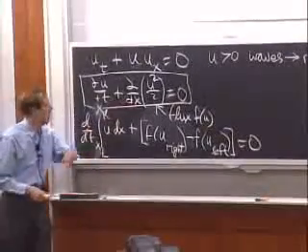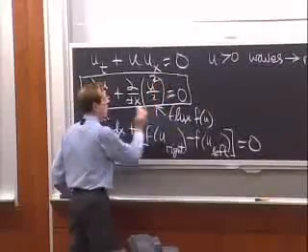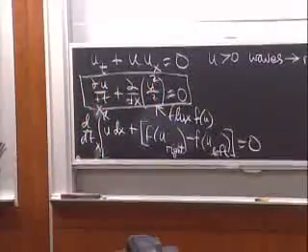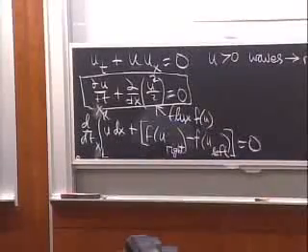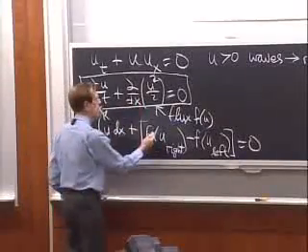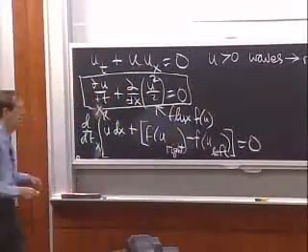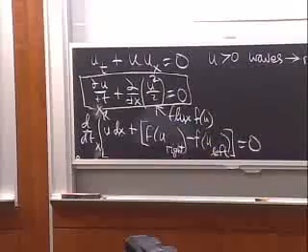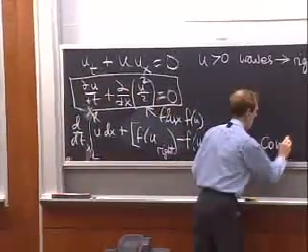And now I've integrated this one. I've called this f of u, so I'm now thinking of any flux function. And the integral, of course, gives me f of u at the upper end minus f of u at the lower end. Okay. So that's the conservation law. Let me write that word down. This is the conservation law.